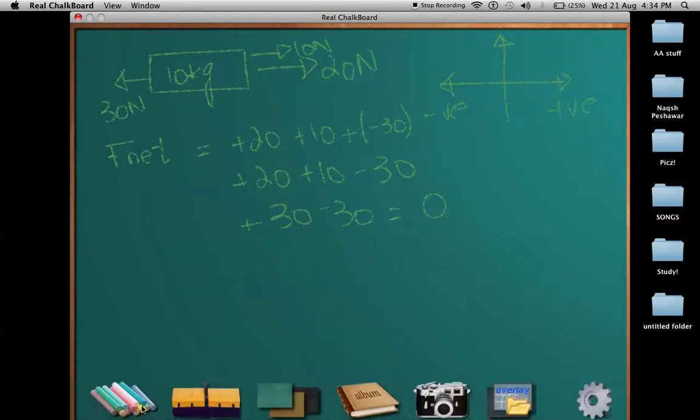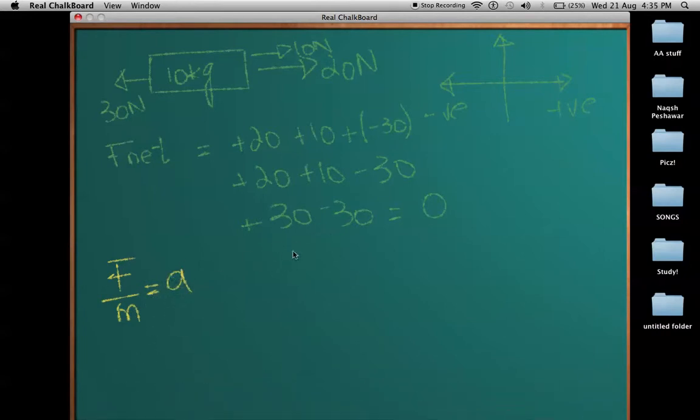So in this case, if we find out the acceleration, again F divided by m gives us acceleration by the same formula, F equals ma. So acceleration would be 0 over 10, which again is 0 meters per second squared. This means that this box is not accelerating.